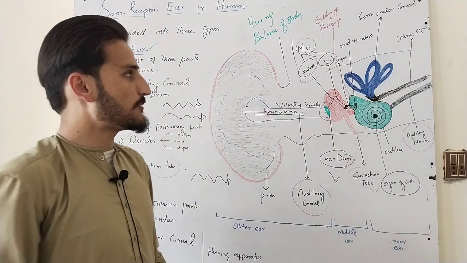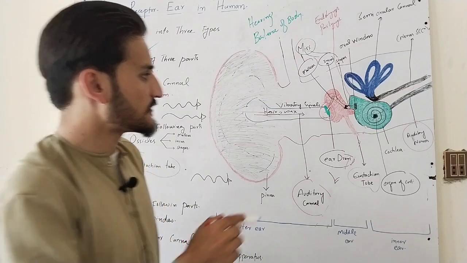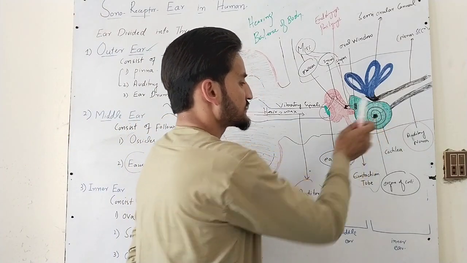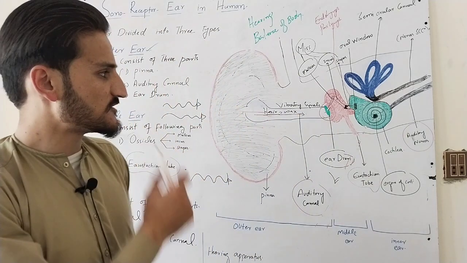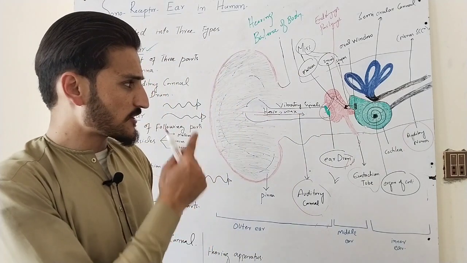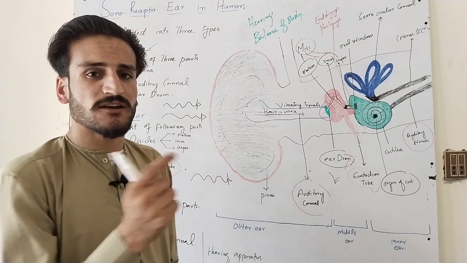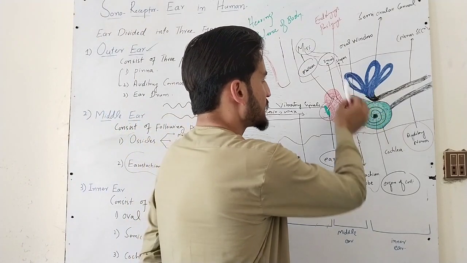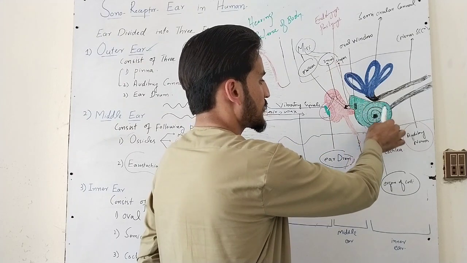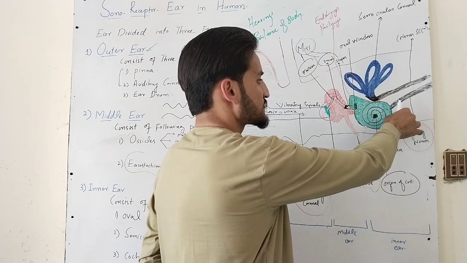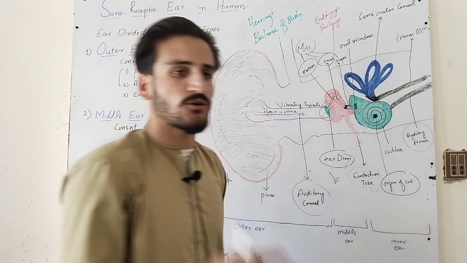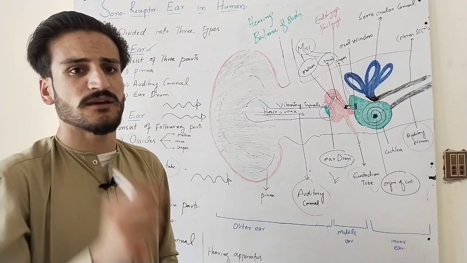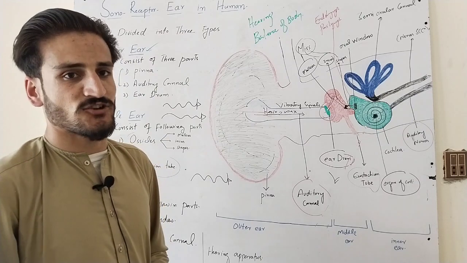Here the cilia are also present, the smallest hair-like particles, which are also responsible for detecting the sound waves. Then finally, through this fluid, the sound wave travels to the vestibule, and from the vestibule the sound waves travel in the auditory nerves to the brain, and in the brain the sound wave is interpreted.